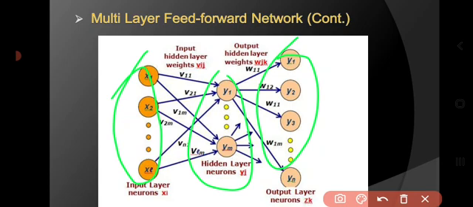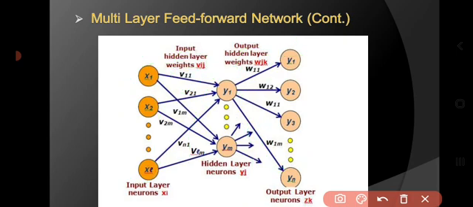And again, if we travel in the network from input to hidden layer, we have to apply its weight. The weight from the input to the hidden layer is called input hidden layer weight, and the weight from the hidden layer to the output is called output hidden layer weight. Okay, and the other things are the same.